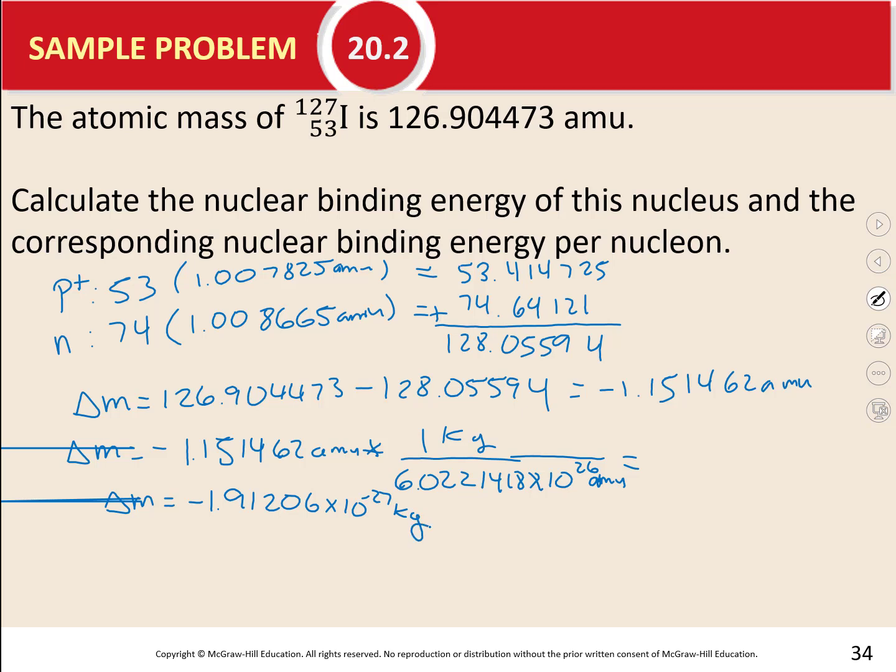All right. So those are delta M in kilograms. What do we need to do next to turn that into a binding energy? Good. Plug it into E equals mc squared, or take this and multiply by c, the speed of light, squared.